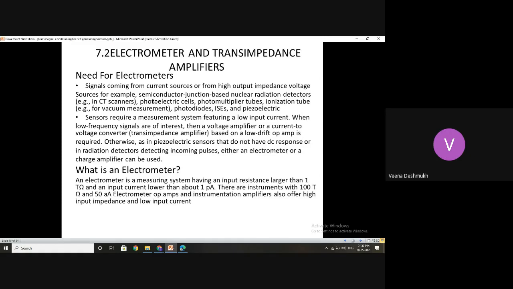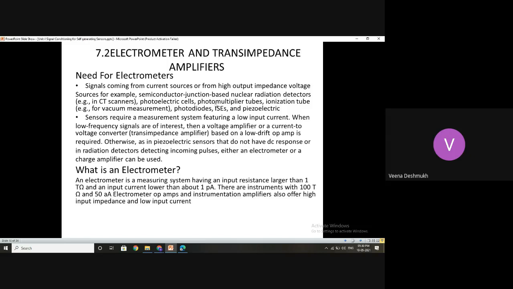There are a few more examples, like semiconductor junction based nuclear radiation detectors, where the nuclear radiation is detected using semiconductor junctions. There also the current which is coming out is very low. Example, CT scanners. Now all the photovoltaic cells or photoelectric cells, whose outputs are again low value currents.